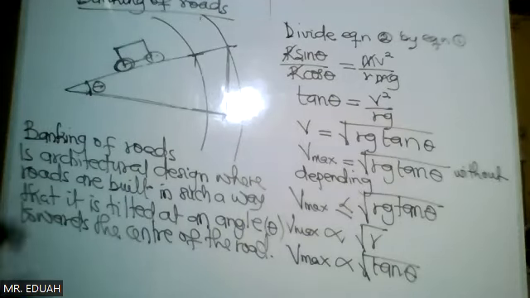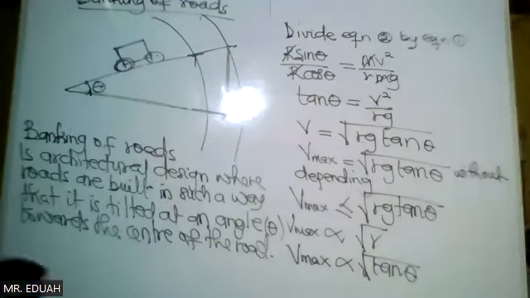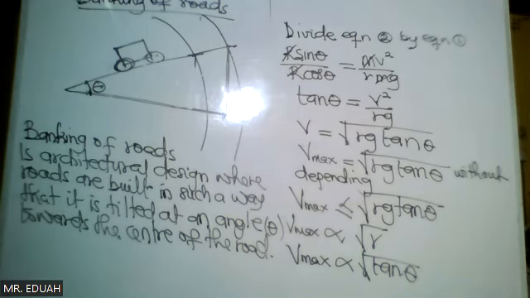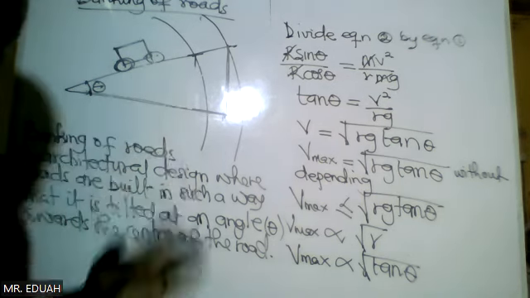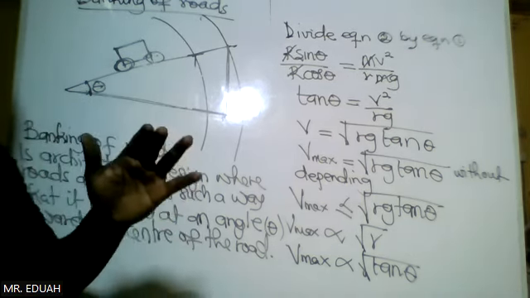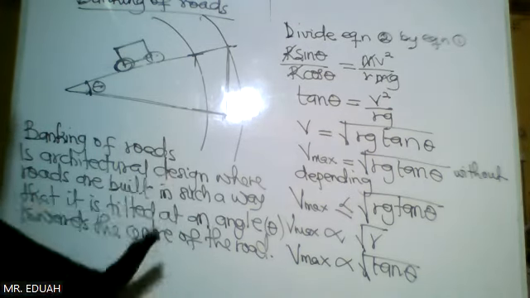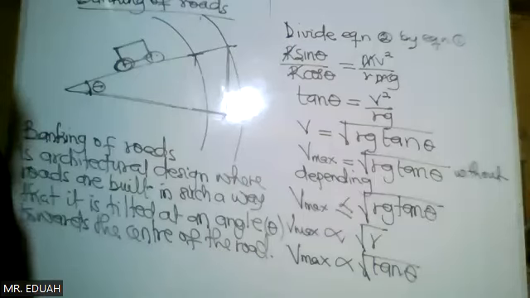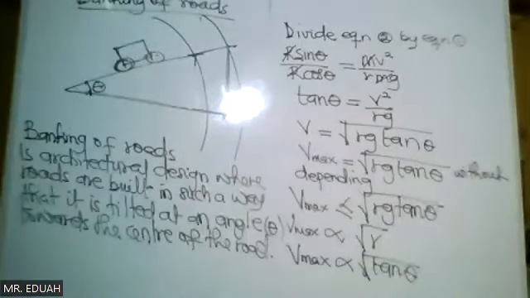Is that okay? For banking of roads, we've done that for where motorists would have to tilt the motor or the bicycle to provide the additional centripetal force. But for cars, a road must be designed to supply that. So we'll go into it and look at the mathematics and the physics of it. But we'll end here.